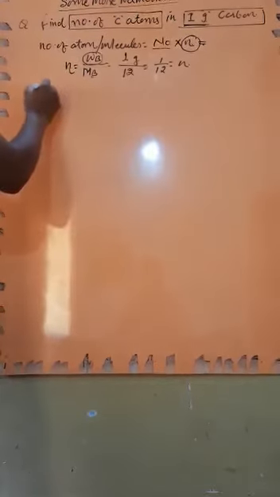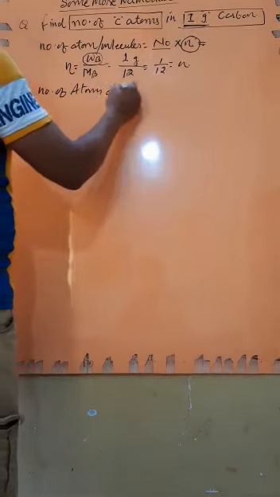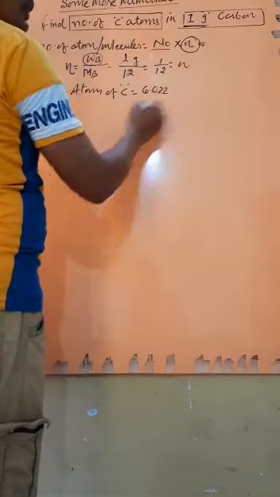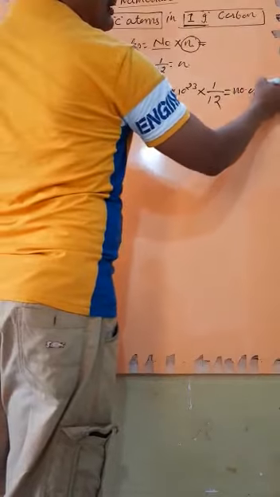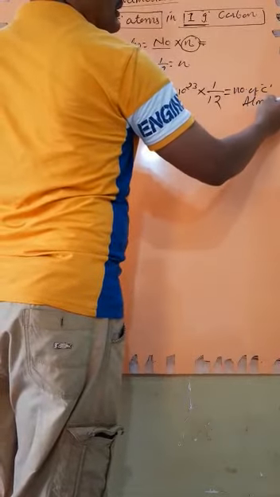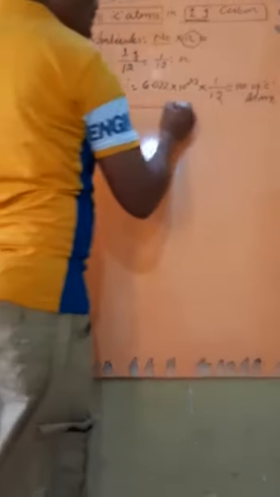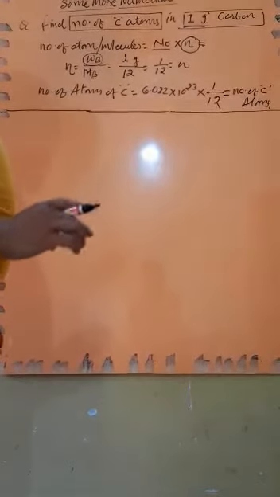Now the number of atoms of carbon is equal to Avogadro number 6.022 into 10 to the power 23, multiplied by 1 upon 12. When you solve this, you will find the number of carbon atoms. Is it clear? This is the simple conventional method to find the number of any of the entities.